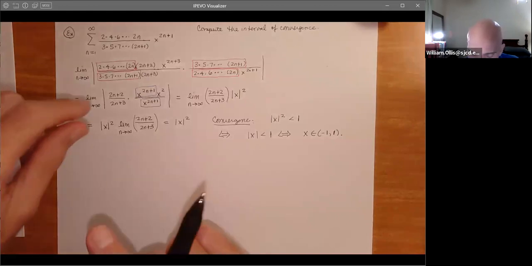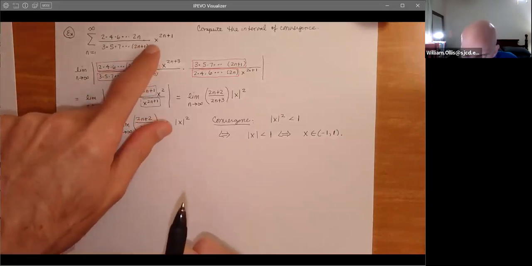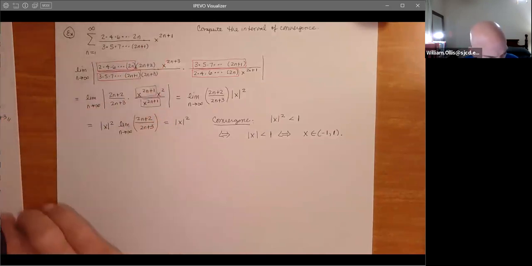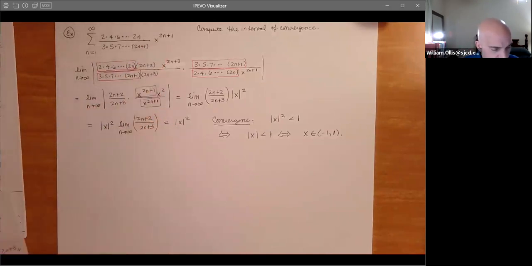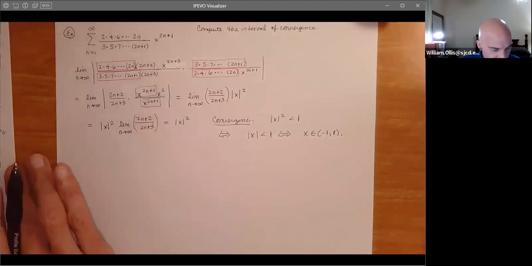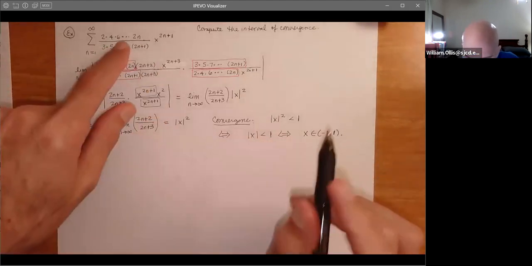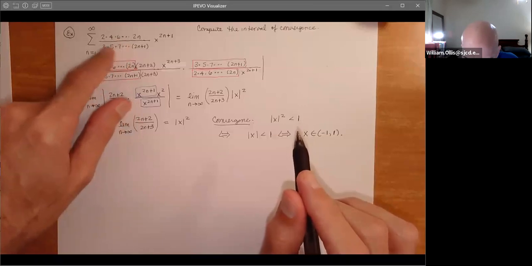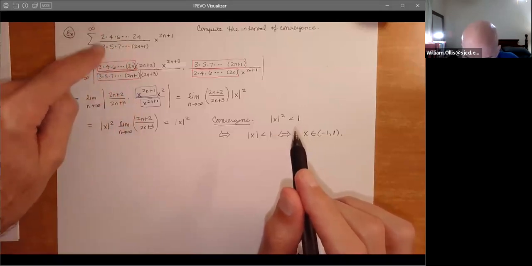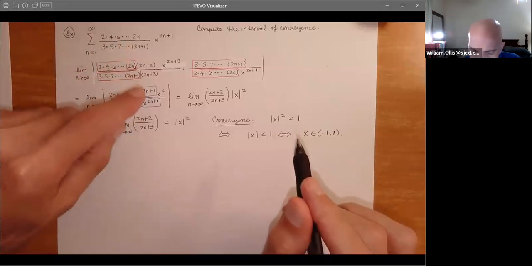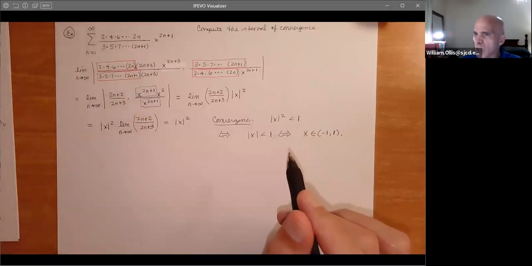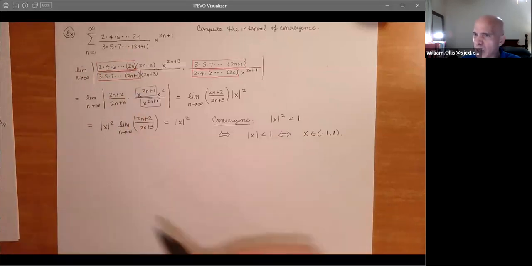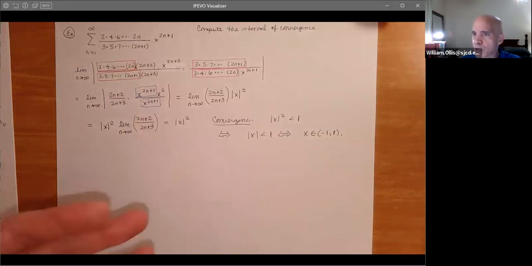Because when you replace x with 1 and you look at this, you're like, okay, I get 2/3, 4/5, 2n over 2n plus 1, and you're like, what do I do with all those factors? I mean, we don't have a test that resembles that.